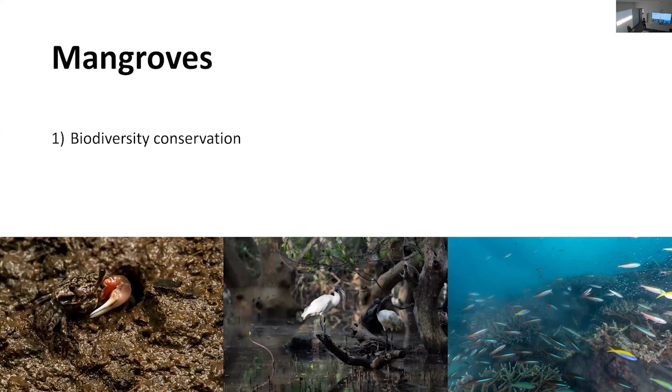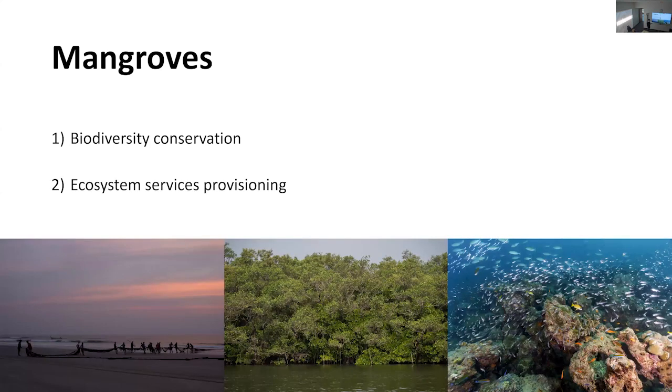Mangroves are really important ecosystems for biodiversity. We have multiple species that live in mangroves, both from the marine side and also on the terrestrial side. But mangroves also provide a wide array of ecosystem services for people. For example, mangroves sequester a lot of carbon, both in their biomass and in soil.